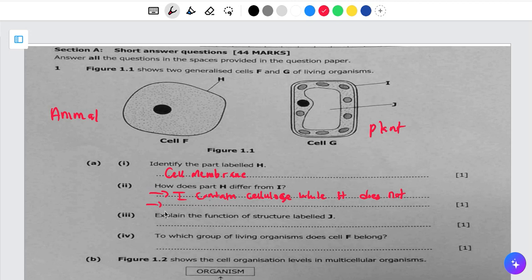Apart from that, in terms of function, I gives the cell a fixed shape, and H selects what goes in and out of the cell. So you can also write that: H selects what goes in and out of the cell, while I gives the fixed shape.